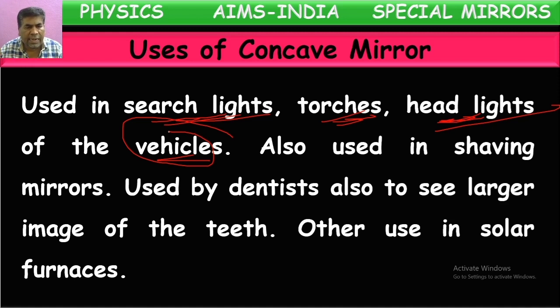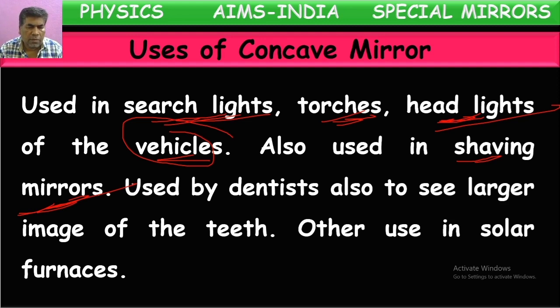The last nature, erect, very big, enlarged image, is used in making shaving mirrors, so that when we keep the object, our face, close to the shaving mirror, the beard will appear enlarged so that we can shave easily.